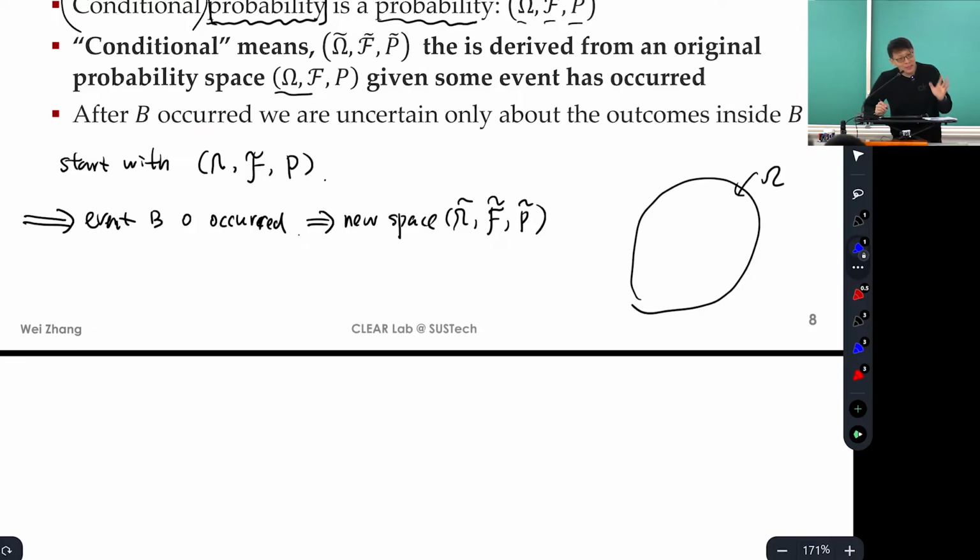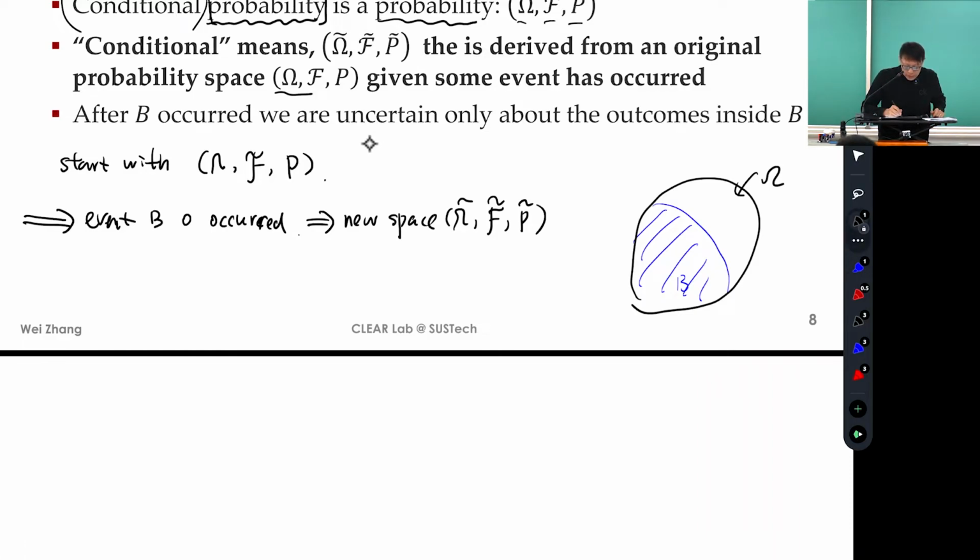You may never even think this way. Okay, that's the way you should think. All right. So this is the event. Now I say, okay, this is my B. B occurred means, it's hard for you to think abstractly. If you think about this as omega, this is our toss a die example, for example, then B may be our even.